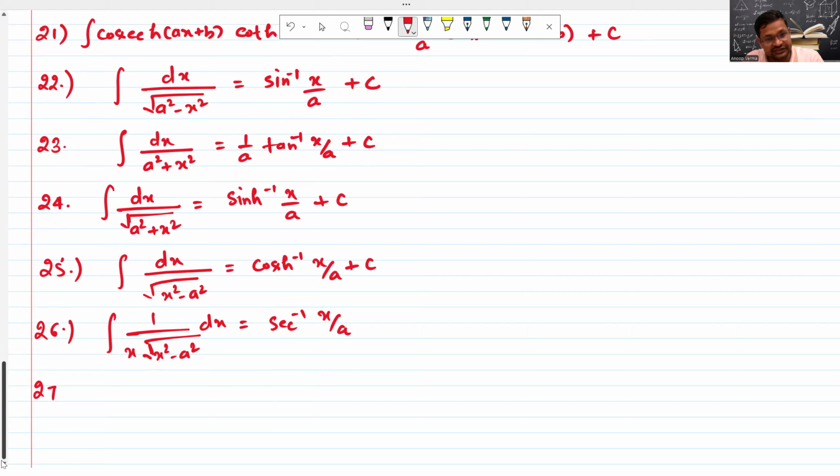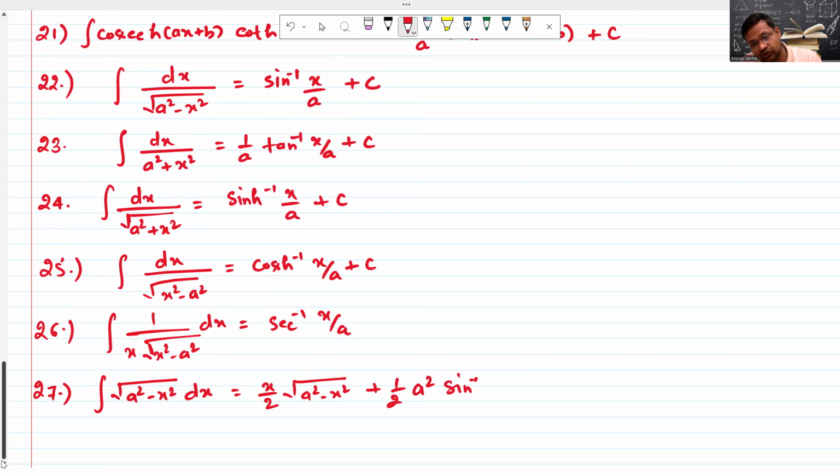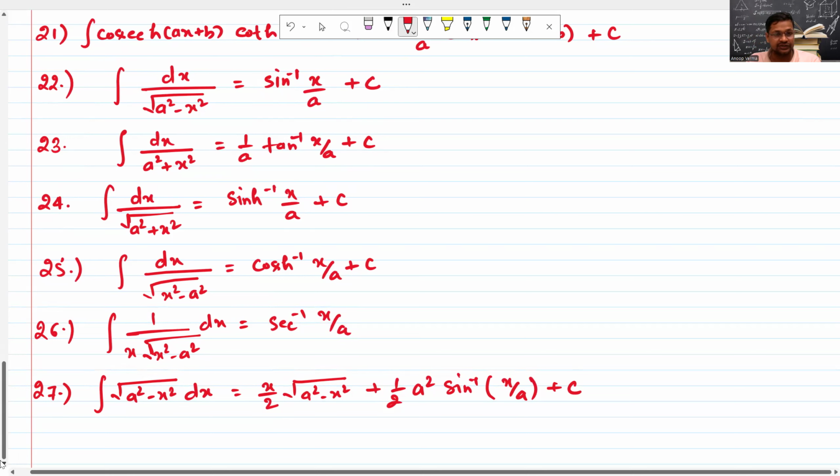And the 27th is the integration of root of a square minus x square dx, which is equal to x upon 2 root of a square minus x square plus half of a square sine inverse of x upon a plus some constant c.